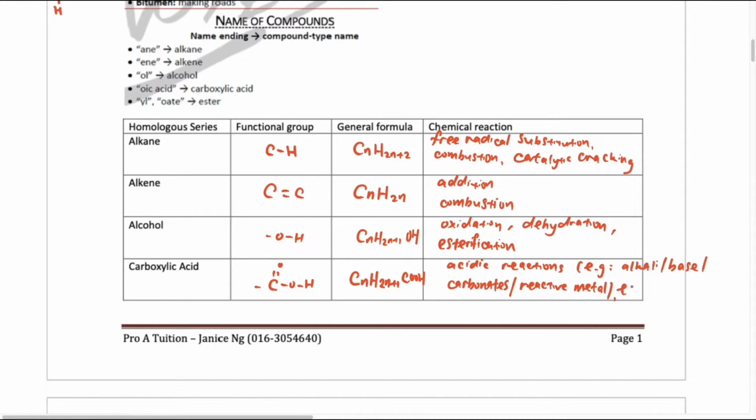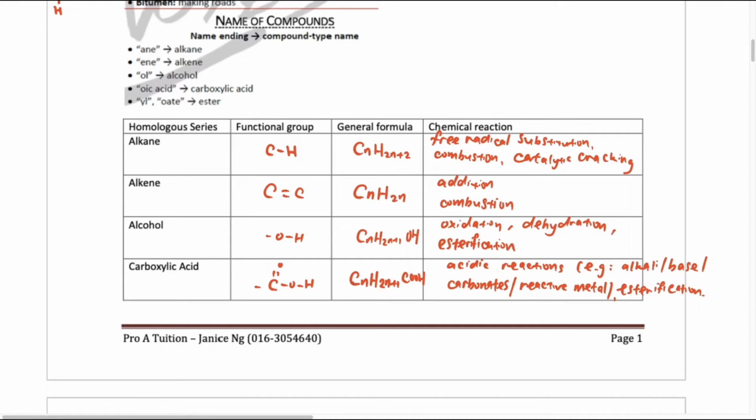They can also go through esterification. That means they can react with alcohol to form ester. So that's why here you have esterification, and here you have it again. After all, alcohol plus carboxylic acid become ester. So that's why esterification happens in two of these.